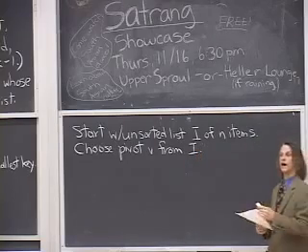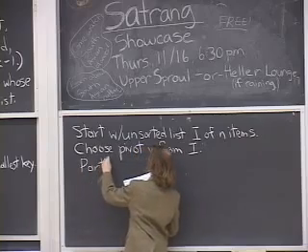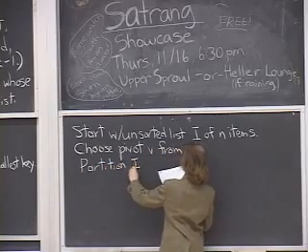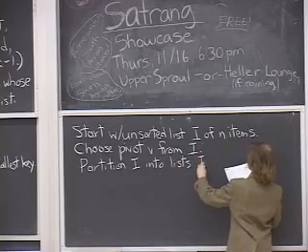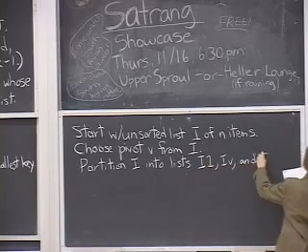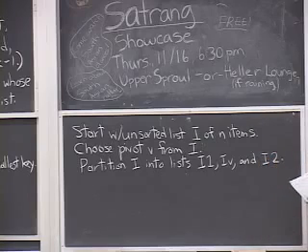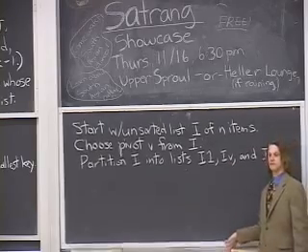Then we partition I, the same way we did before. And we're going to do this so that IV will contain the pivot V.